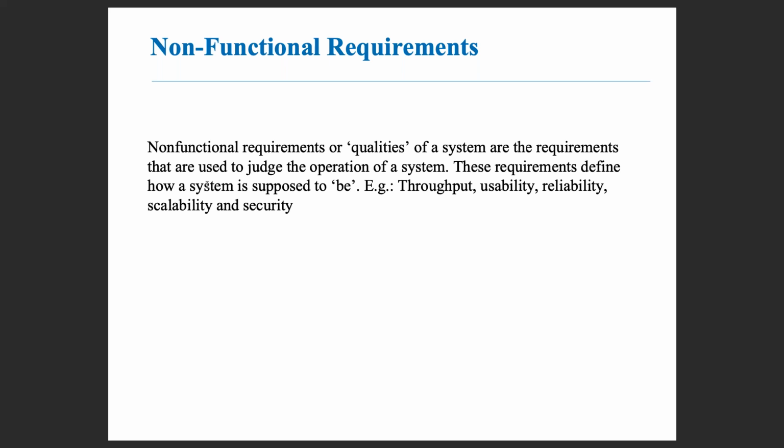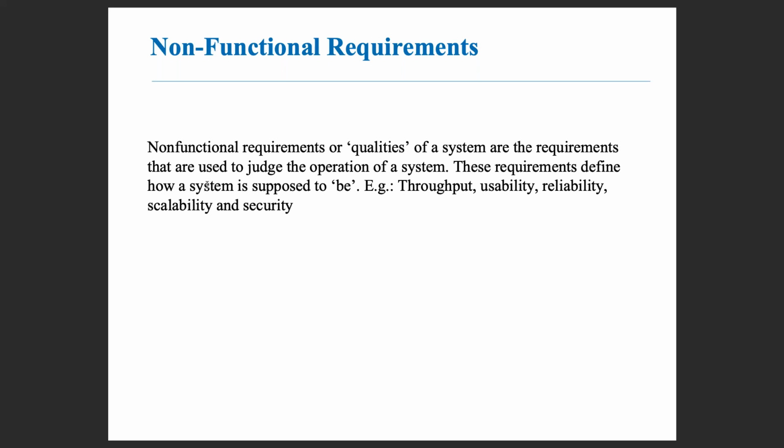To put it in a simple way, the speed of the system, how fast a web page is loading, could be a non-functional requirement, for example that the web page on that product or app should load within 3 seconds. Functionally, you are not doing anything. The loading of a web page is a functional requirement, but loading it within 3 seconds, or a particular timeline, is a non-functional requirement. How secure your website or app is, that someone cannot hack into it, is a non-functional requirement.